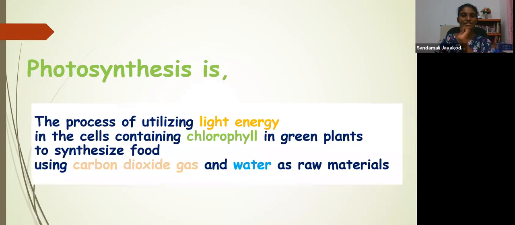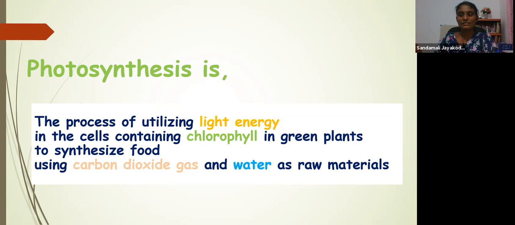Then this is the definition for the photosynthesis. Here we have to remember this one. Once you are writing the tutorial, you have to answer for the definition of the photosynthesis, and also you have to remember this. Photosynthesis is the process of utilizing light energy, that is the energy source. Like we are using fire or different fuels like LP gas to prepare our meals.